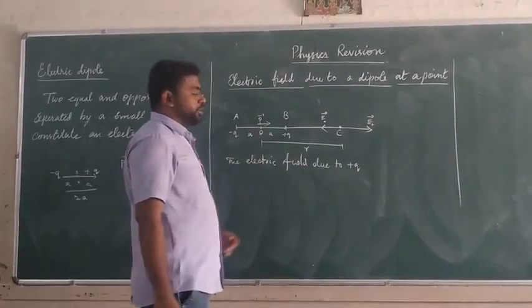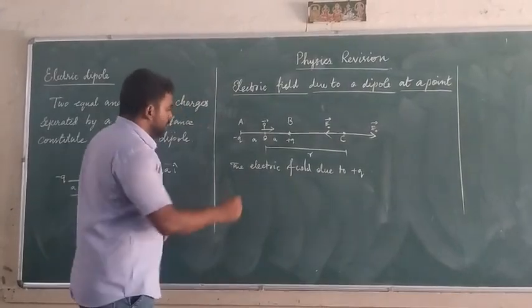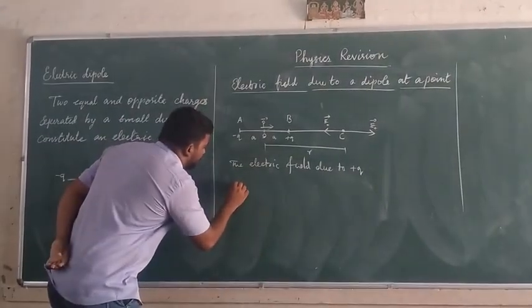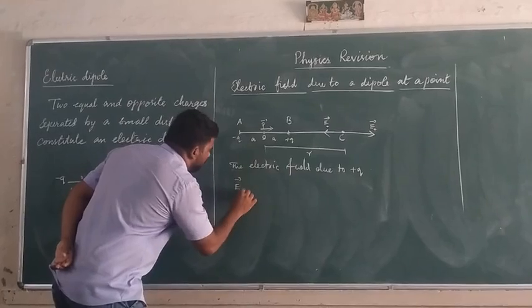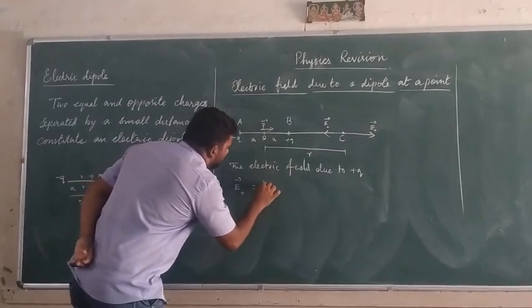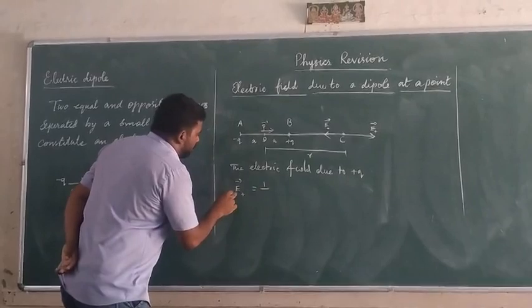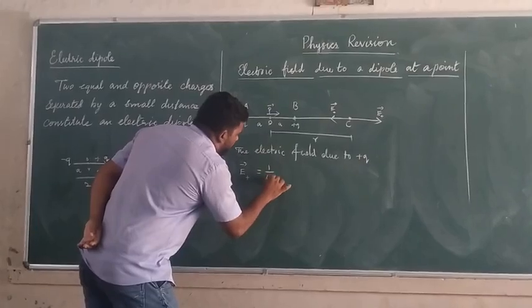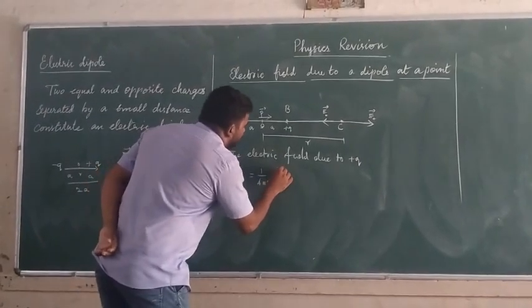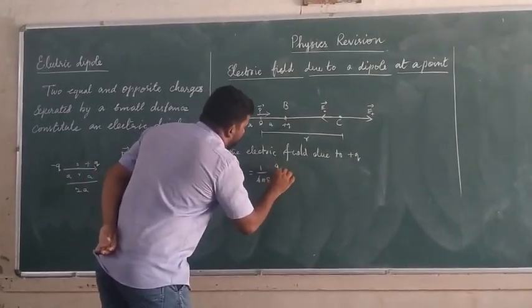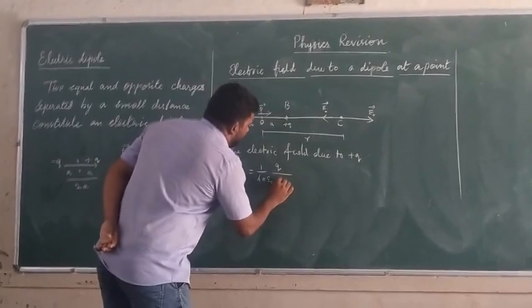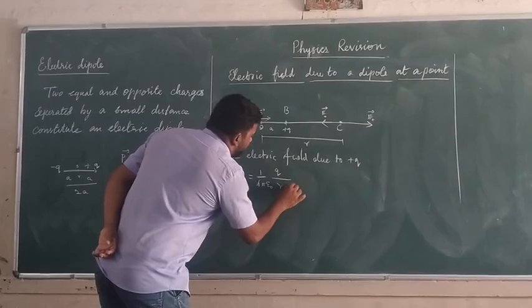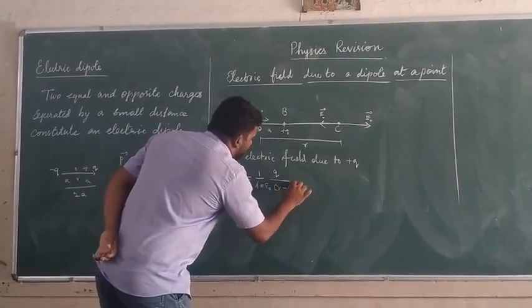The electric field due to the positive charge is given as E plus vector, that is equal to 1 by 4 pi epsilon naught, q by (r minus a) the whole square.